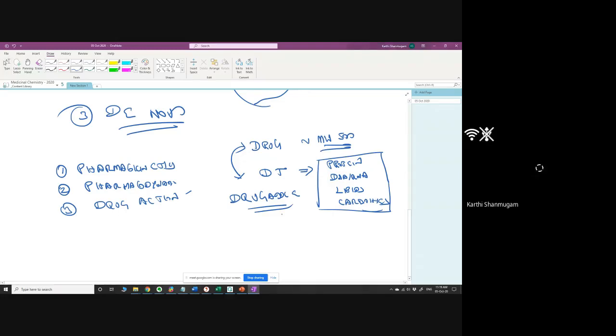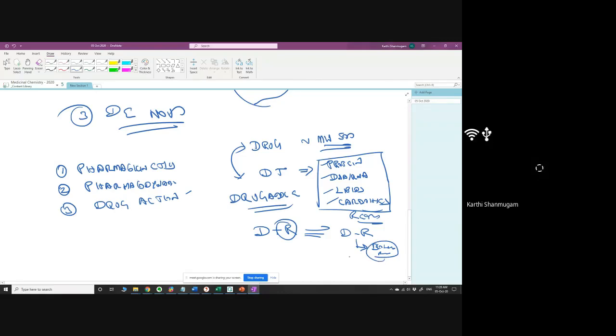Say, for example, the drug molecule should go and bind to a receptor. It can be a protein molecule, DNA, RNA, lipid, or carbohydrate, whatever. I generalize this as a receptor. A drug molecule should go and bind to the drug receptor, where it forms a drug receptor complex, and the formation of this complex results in the biological response.